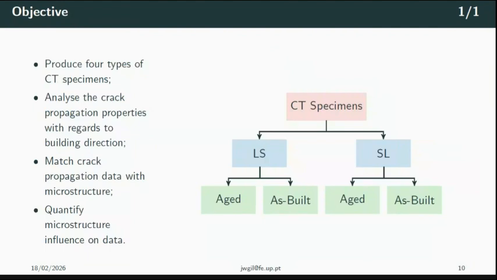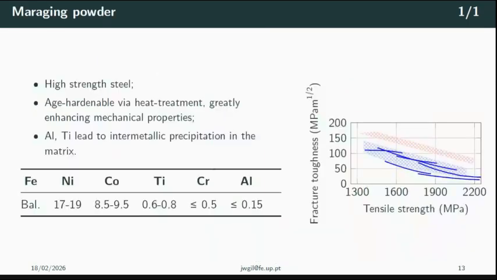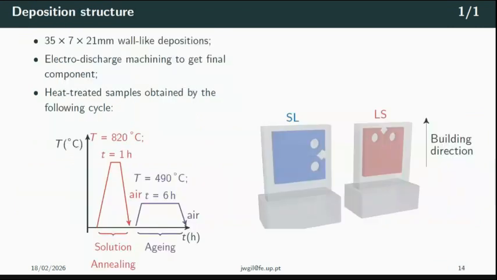We will test the CT specimens in their aged condition and as built. As built just in terms of metallurgy. Obviously the specimens have to be manufactured through EDM. So I'm not going to lose much time. Raul just presented this very well: what maraging steel is, the chemical composition and applications.